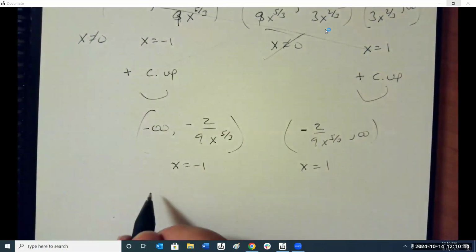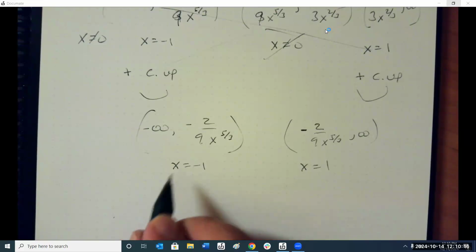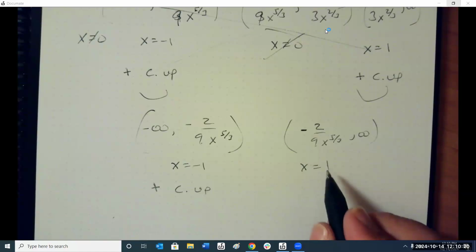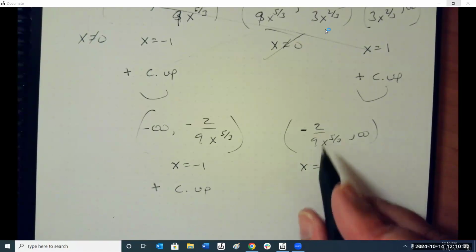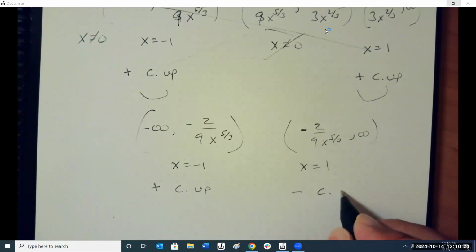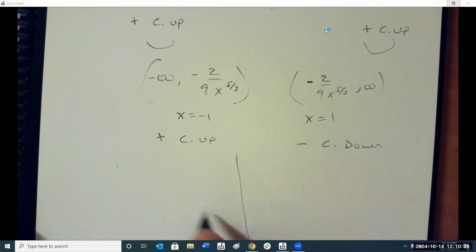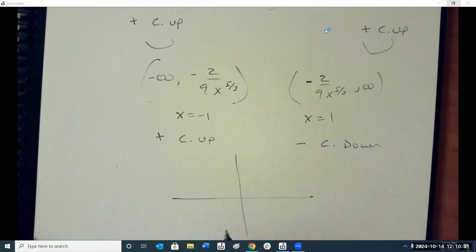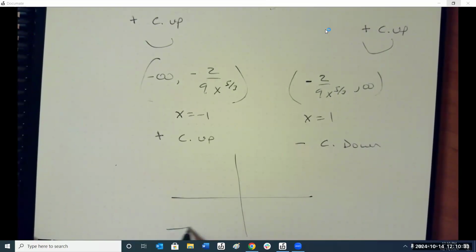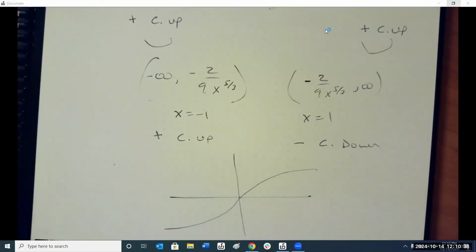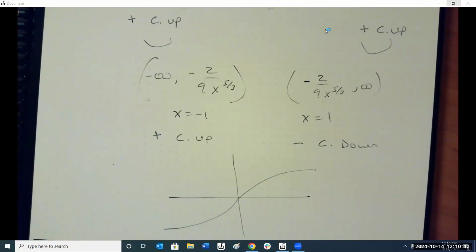If x is -1, it becomes positive, so it's concave up. If x is 1, it stays negative, so it's concave down. So it's concave up, going to the point of inflection, and then it's concave down. And we know what the graph looks like.